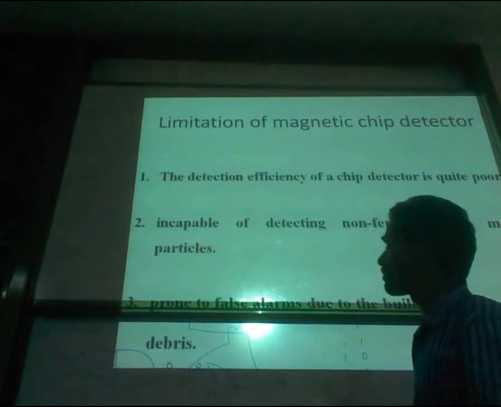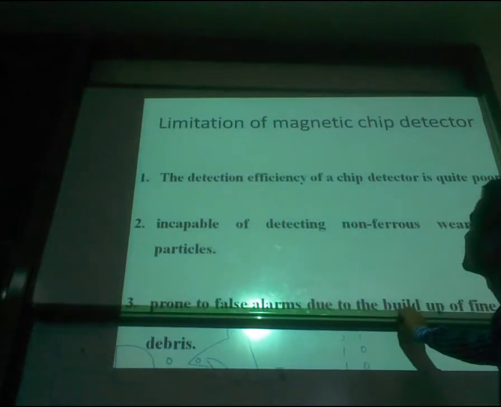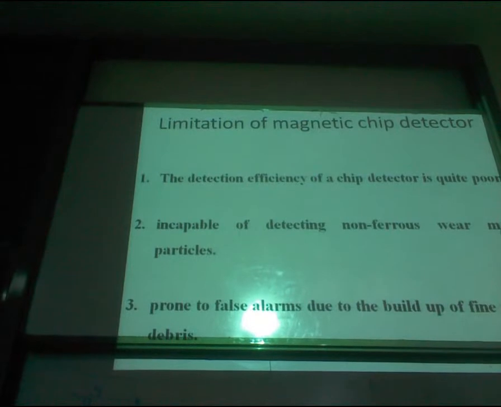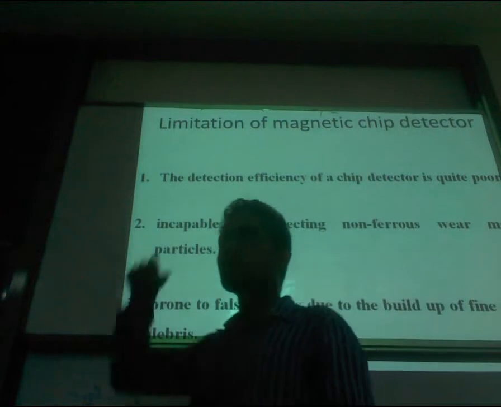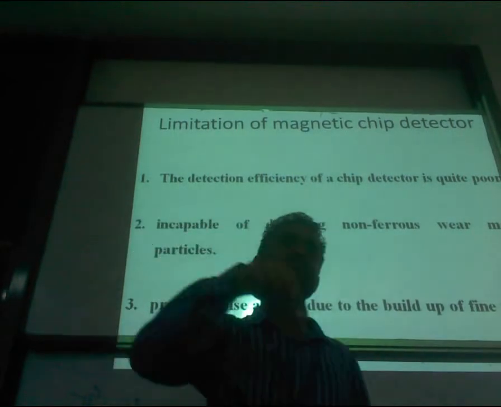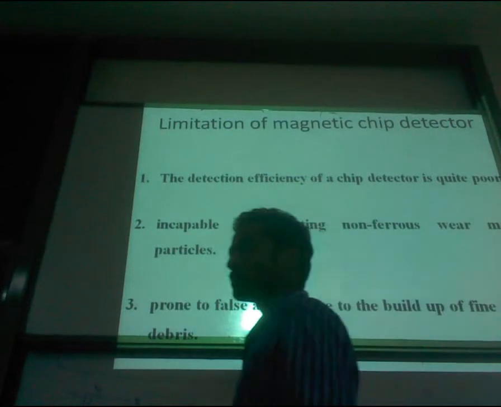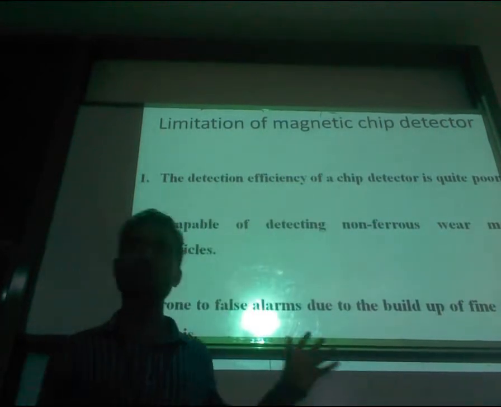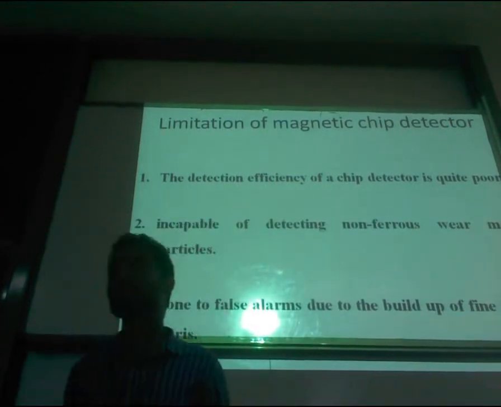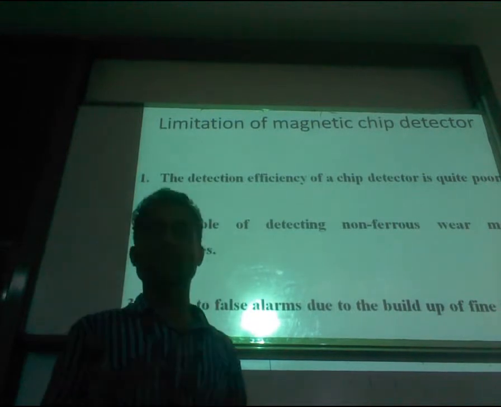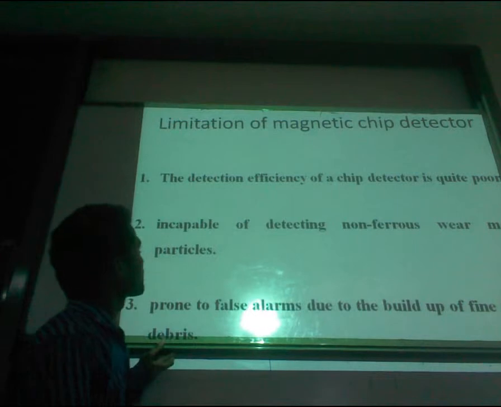Next. Coming to the limitations of the magnetic chip detector. The first and major one is that the detection efficiency of the chip detector is quite poor, because it is placed just deep inside the oil flow line and does not occupy the entire area of the flow, so there may be chances of ferrous material escaping from the chip detector.